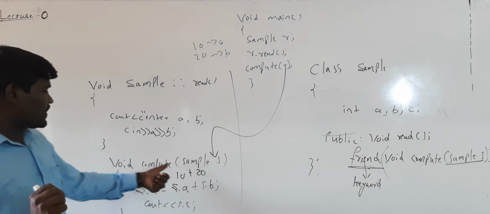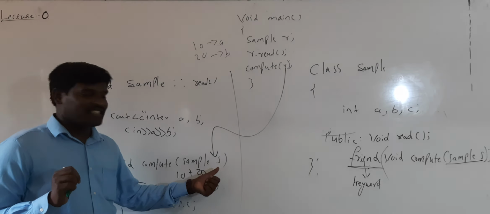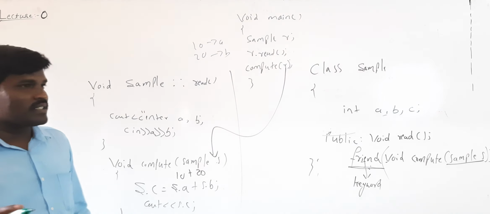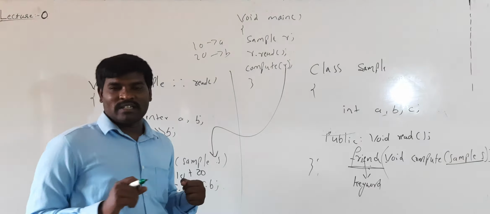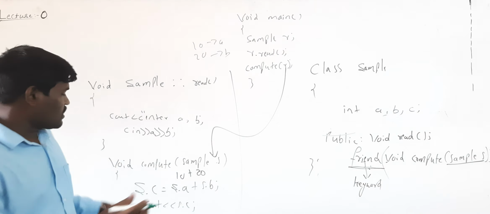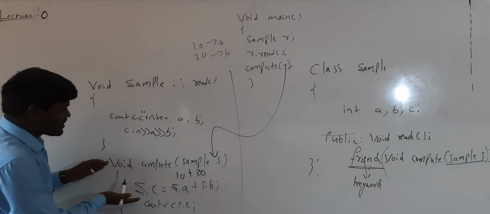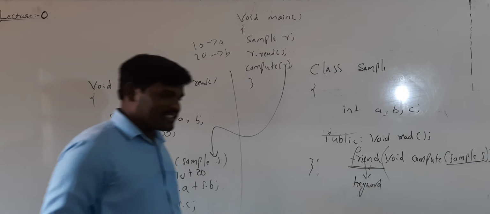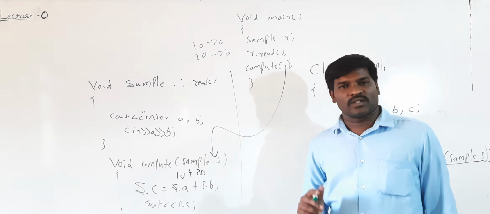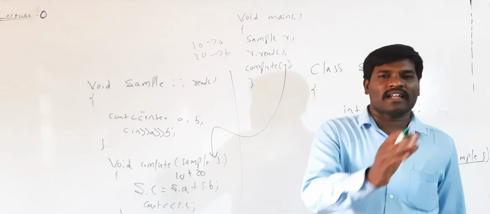Fourth one is friend function can take the object as its argument. Compulsorily we have to mention the object as an argument. Why we have to mention the object as an argument means directly this function cannot use a and b. Instead of writing s.c = s.a + s.b, if I just mention c = a + b, it is not valid.